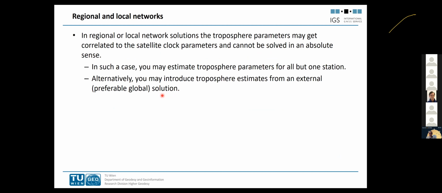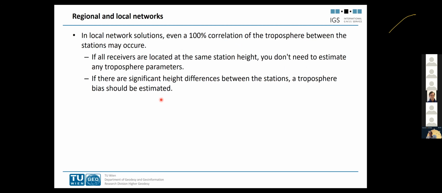So you have to fix the troposphere delays for one station, or alternatively, you may introduce troposphere estimates from an external, preferably global solution. Finally, in case of real local network solutions, there is even 100% correlation of the troposphere between the stations. If all receivers are located at the same station height, you don't need to estimate any tropospheric parameters, but if you have a height difference between the stations, then a troposphere bias has to be considered or should be estimated.